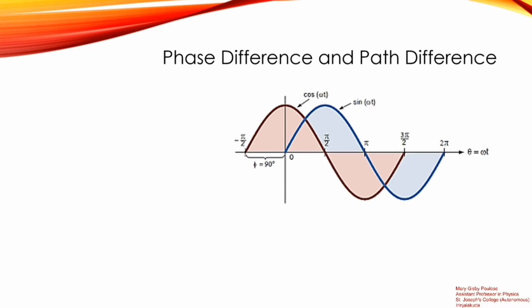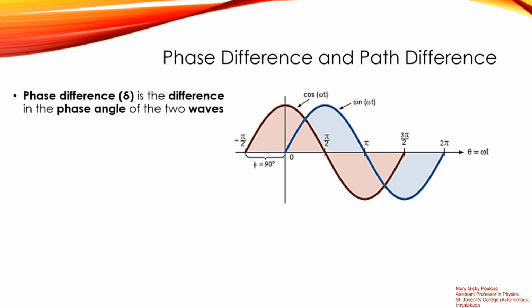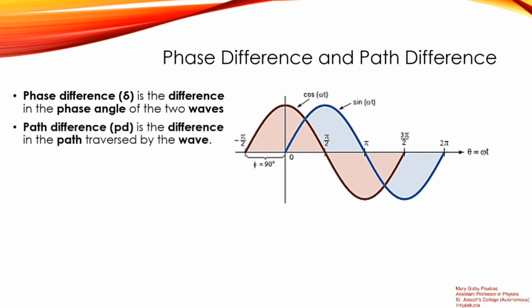Now these two waves do not have the exact same initial positions, right? So this difference in the phase is called the phase difference, and the difference in the paths between the rays is called its path difference. So phase difference delta is the difference in the phase angle of the two waves, and the path difference is the difference in the path traversed by the waves.